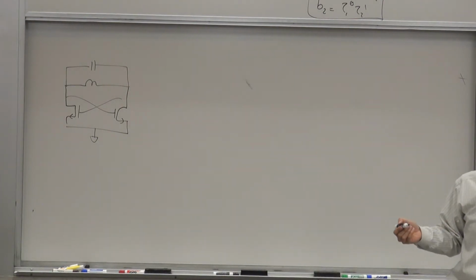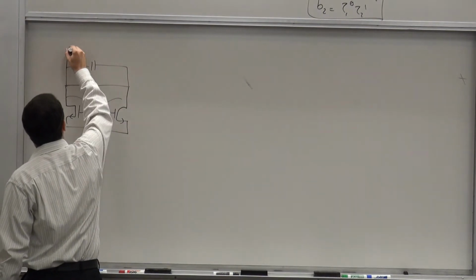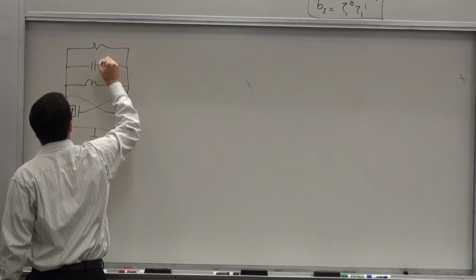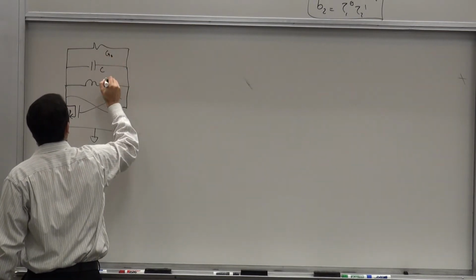And let's say a resistor, or let's call it a conductor, G naught, CL.